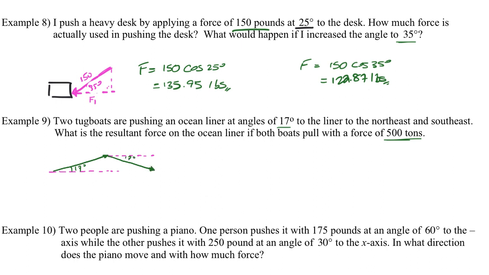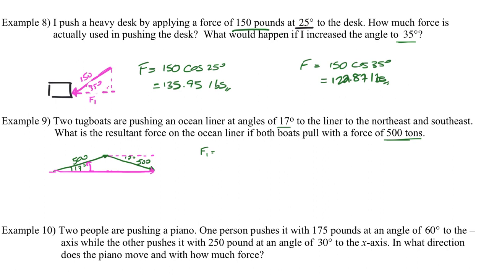It's 17 degrees, and my resultant vector is going to be something like this vector that I just drew here, where this is 500 and this here is also 500. Now, remember that the angle I'm going to use for this formula is always measured with the x-axis. So this angle right here is 17.